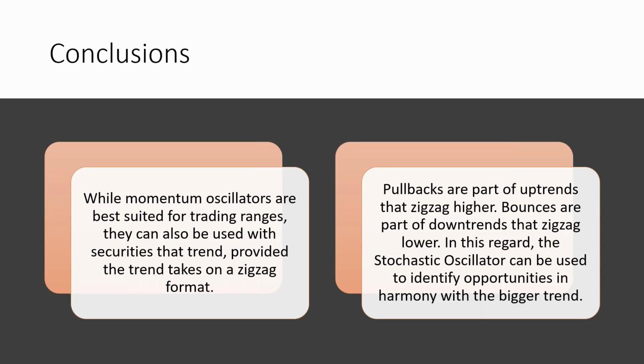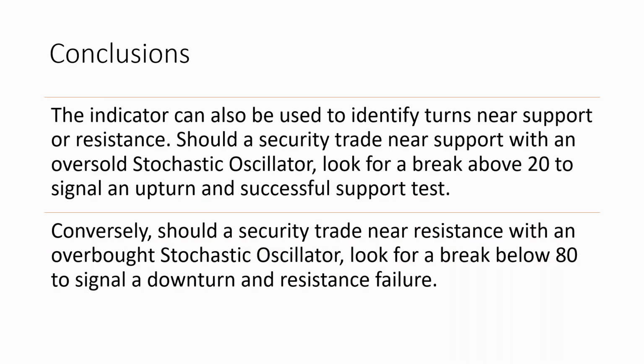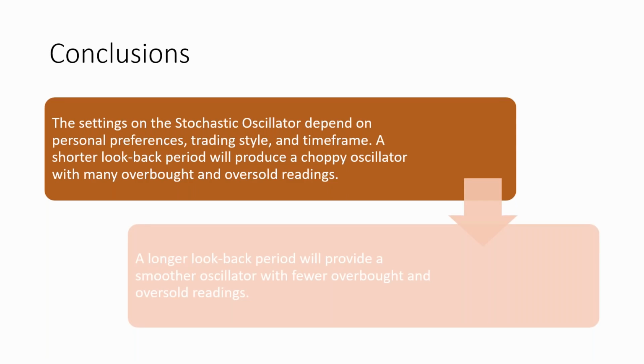In this regard, the stochastics oscillator can be used to identify opportunities in harmony with a bigger trend. The indicator can be used to identify turns near support or resistance. Should a security trade near support with an oversold stochastics oscillator, look for a break above 20 to signal an upturn or a successful support test. Conversely, if it's over 80.